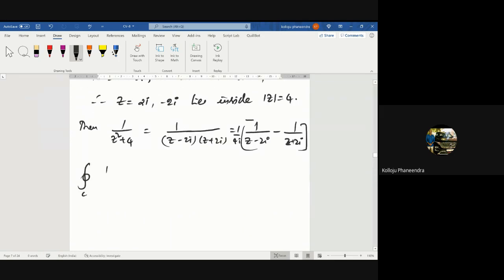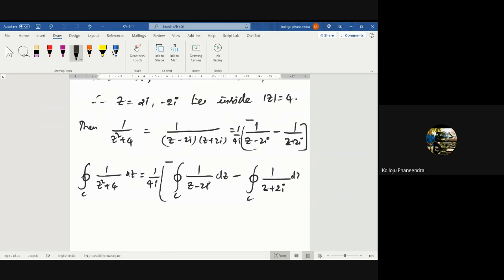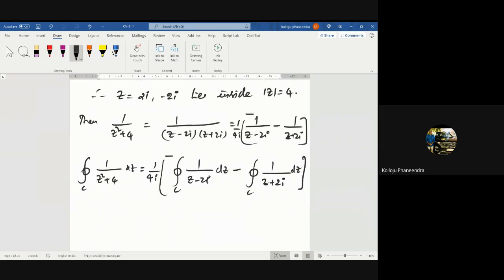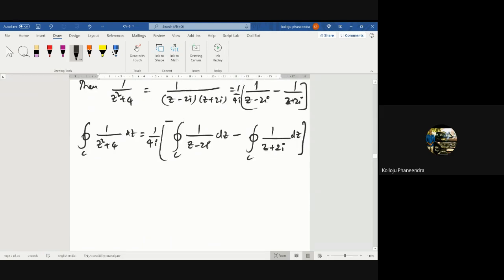So integral over C of 1 by z square plus 4 dz is equal to 1 by 4i, I'm taking outside, integral over C of 1 by z minus 2i dz minus integral over C of 1 by z plus 2i dz. See, both the points lie inside. Remember that point. Okay. Here, what is f of z? Numerator function 1. Here, f of z is 1.